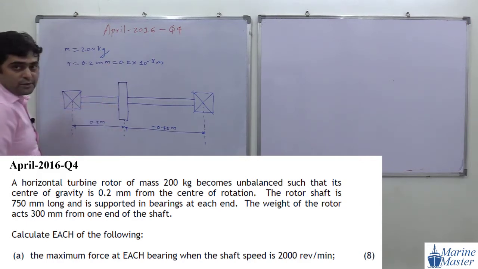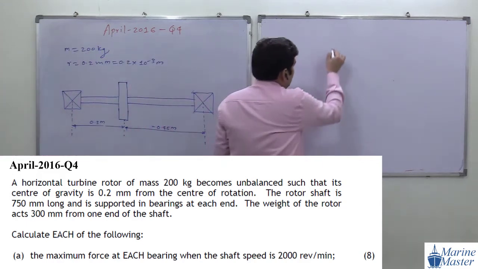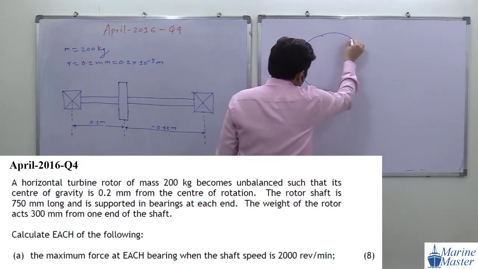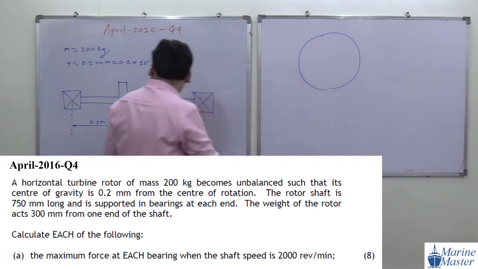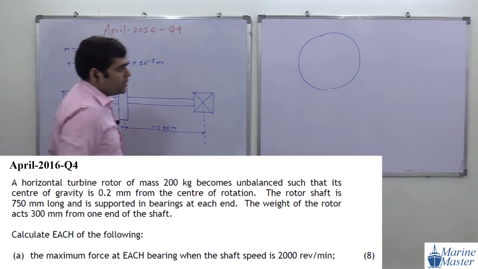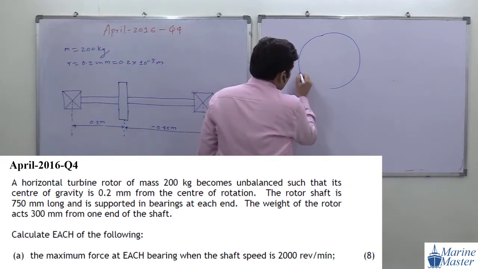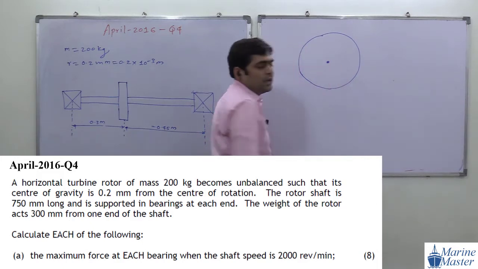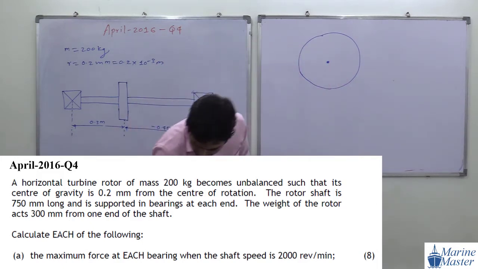Now this is one view of the rotor. There is another view of the rotor, which I am going to show on this drawing. Suppose you observe this rotor from this side. This is the center of rotation, which I show with the red pen.